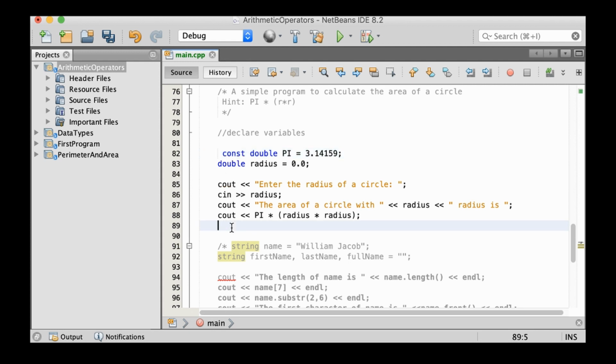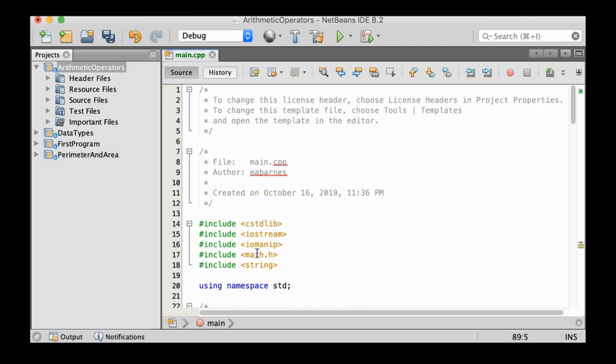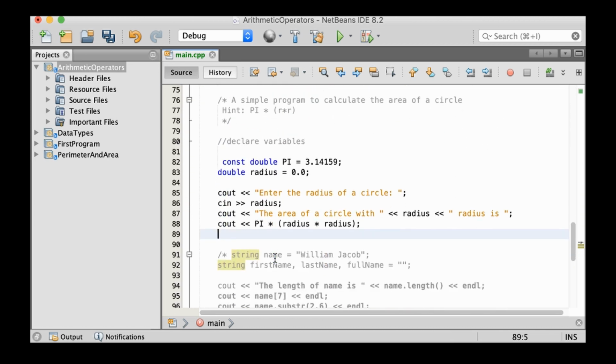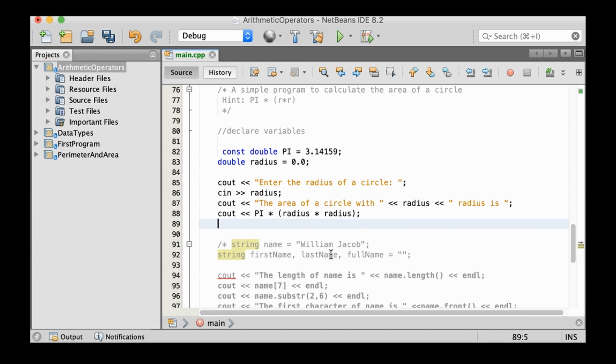Now, instead of doing radius times radius, you can actually do square root, you can do raised to the power. How do we do this? You need to include this library math.h so that we can use certain functions that allow us to do raised to the power, the square root, and those stuff.